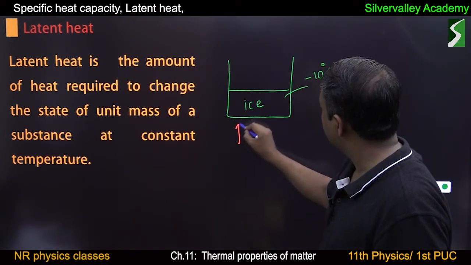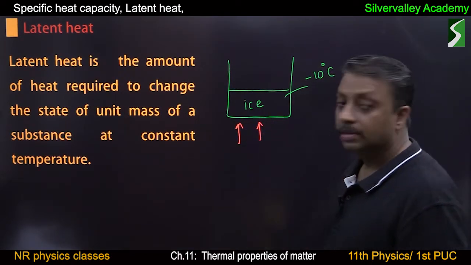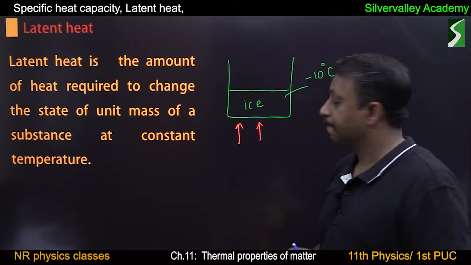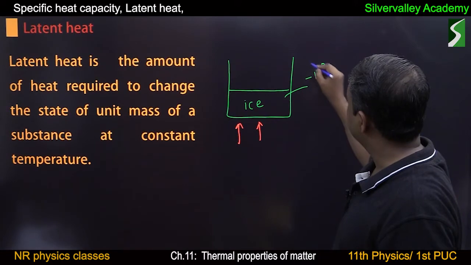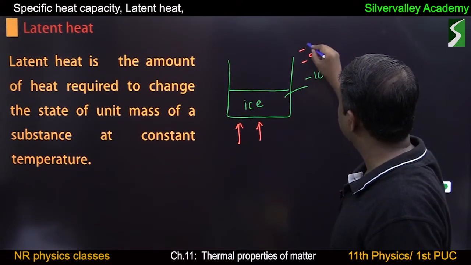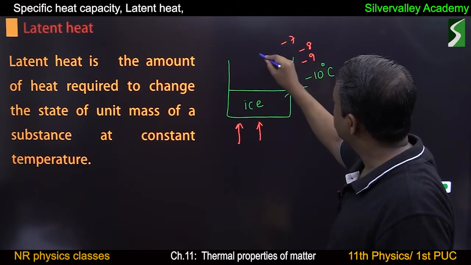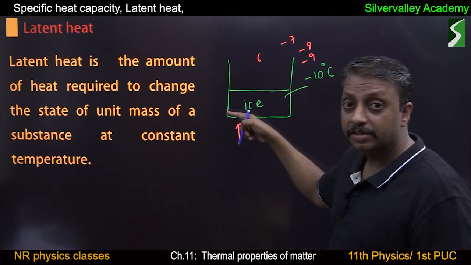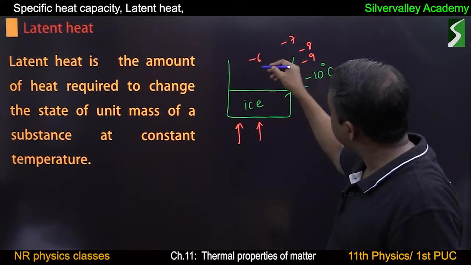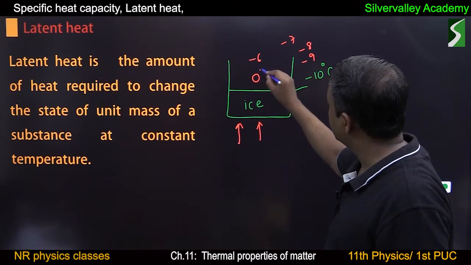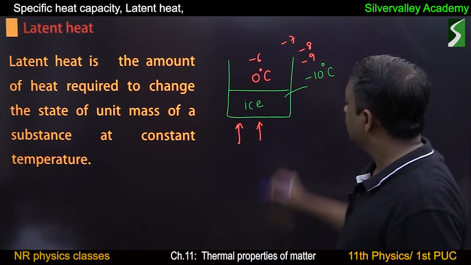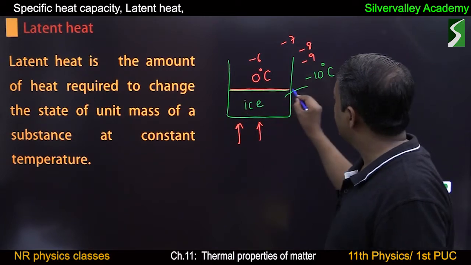Let us start heating ice, means we are supplying heat energy. Because of heat energy, temperature of ice increases to minus 9, minus 8, minus 7, minus 6 degrees. We are supplying heat energy and this temperature is increasing. When temperature of ice reaches 0 degrees Celsius, then there is melting of ice. Ice starts melting.